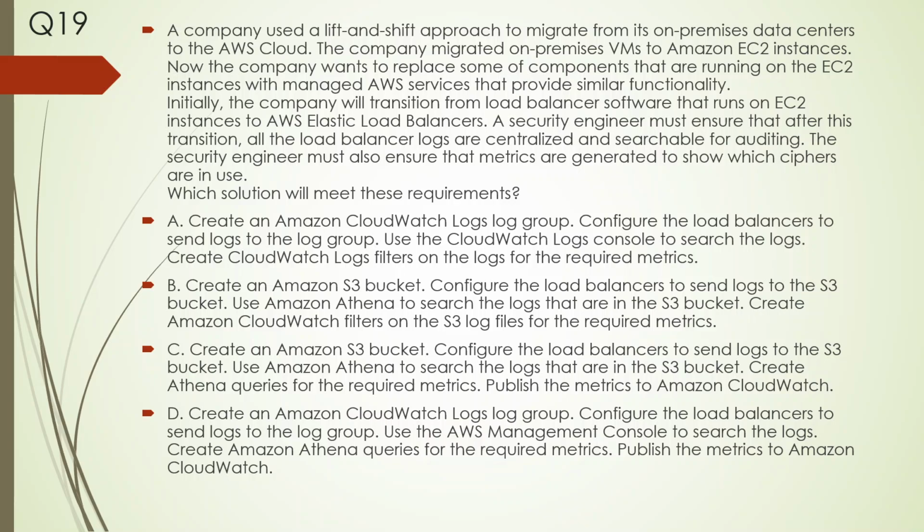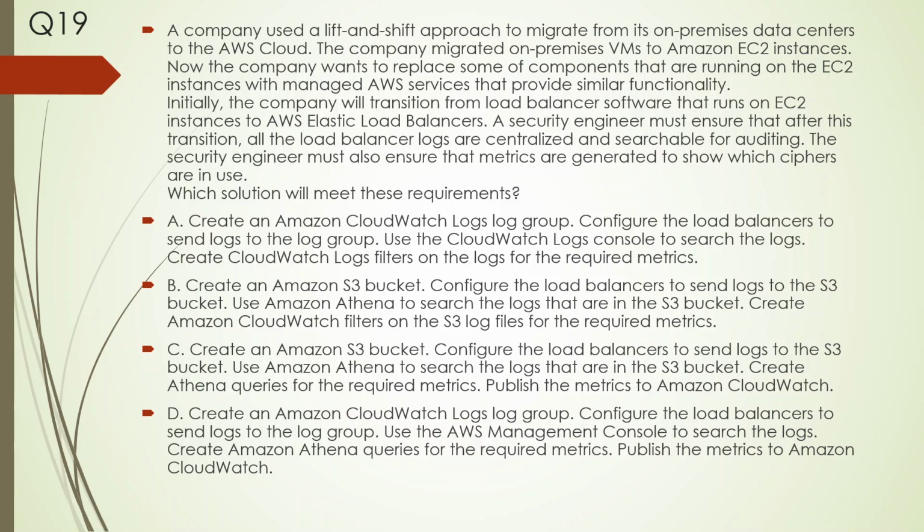So here's the question. A company uses a lift and shift approach to migrate from its on-prem data center to the AWS Cloud. The company migrated on-prem VMs to Amazon EC2 instances. Now the company wants to replace some components that are running on EC2 instances with managed AWS services that provide similar functionality.